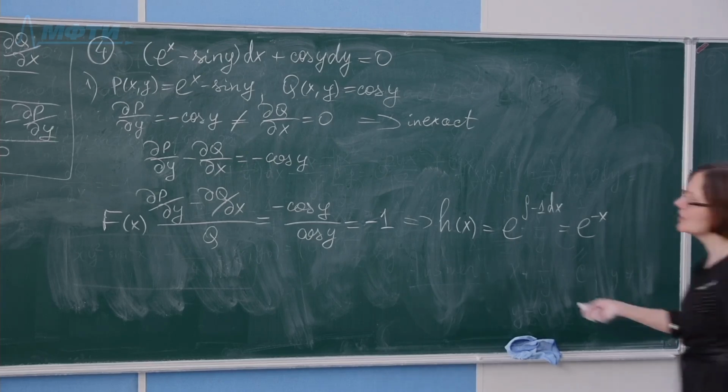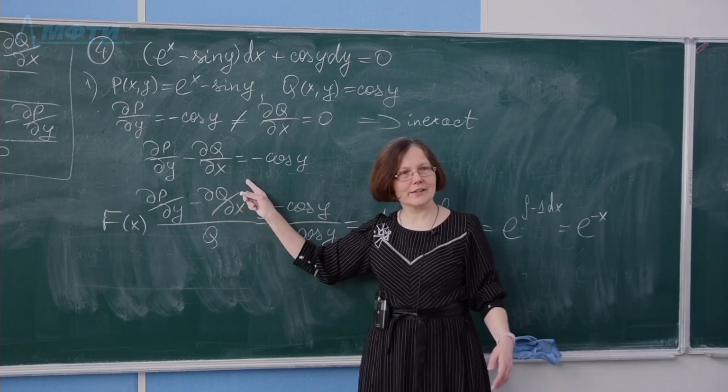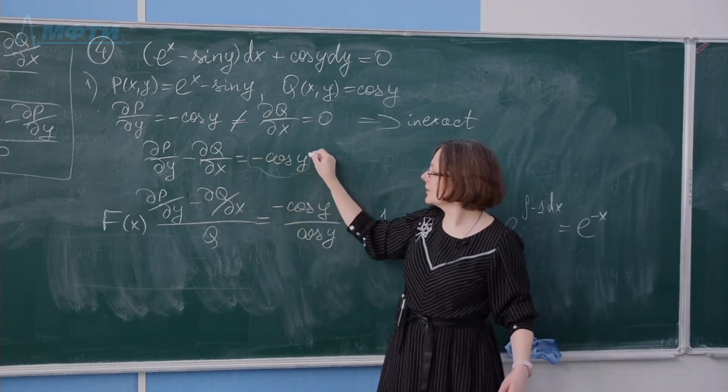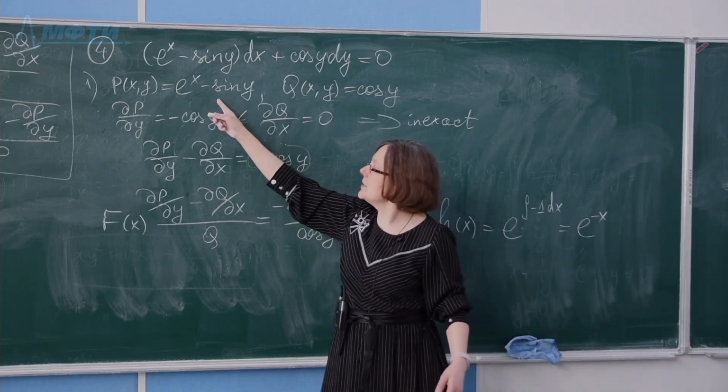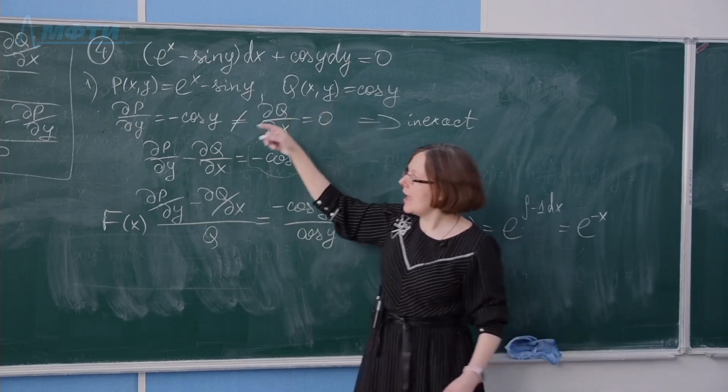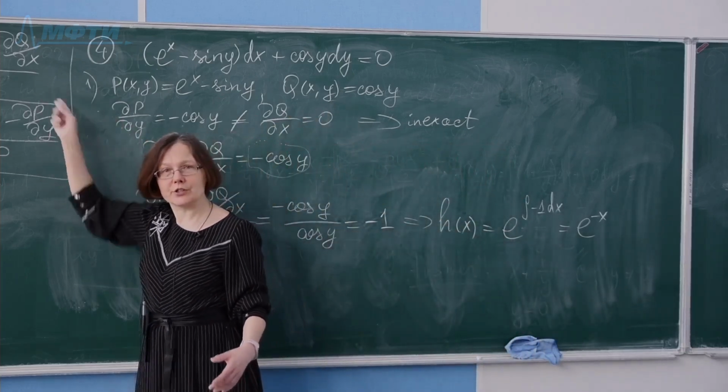So the procedure is to find the difference and then to try to divide this difference by p or by q and decide between these two situations, right?